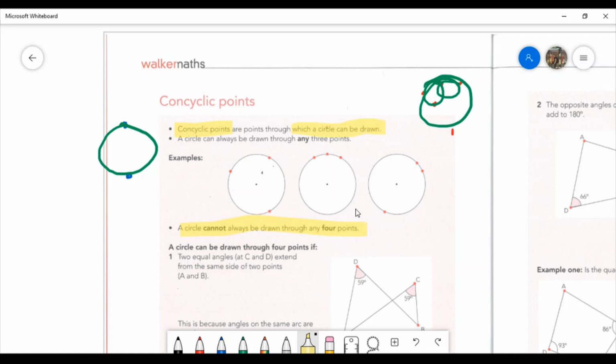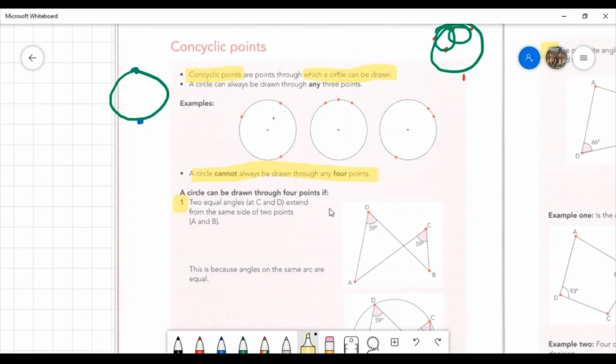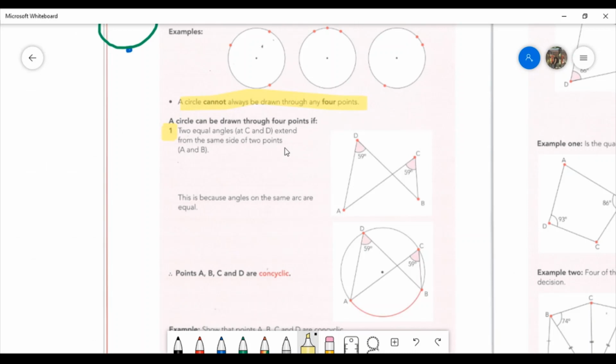Except if one of 2 conditions hold. So here's condition number 1. Condition number 2 we're going to cover later, it's over here. So condition number 1. When can you draw a circle through 4 points? When 2 equal angles extend from the same side of 2 points. What does that mean? This is basically angles in an arc.